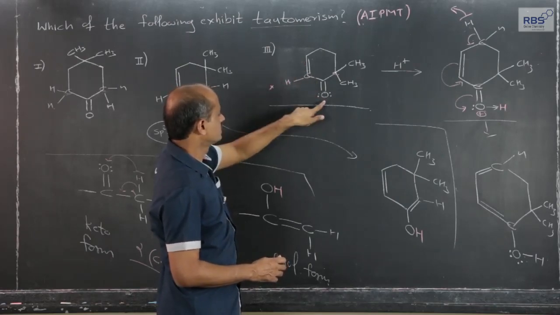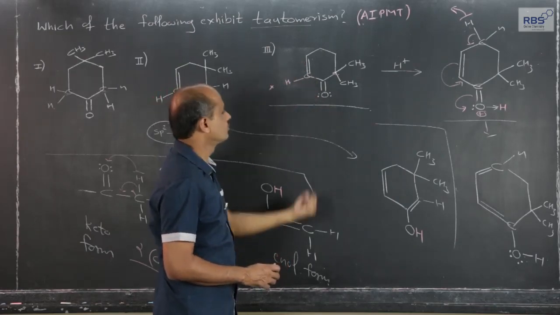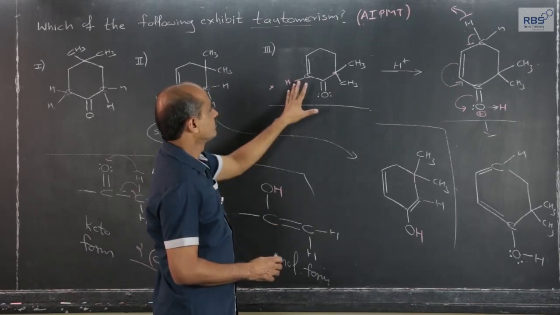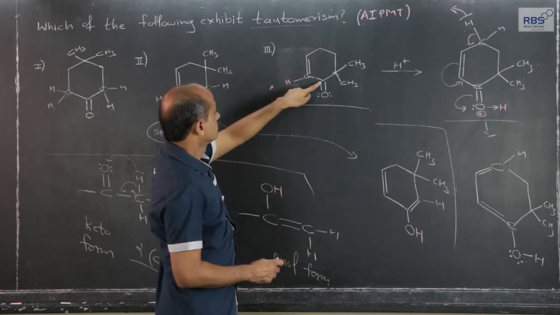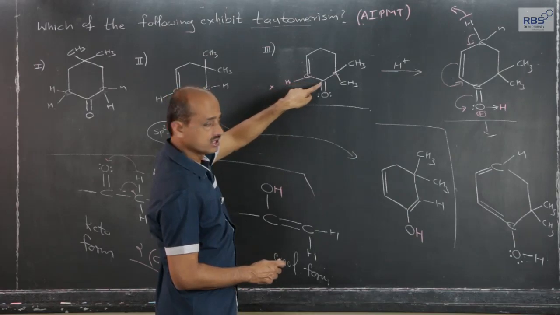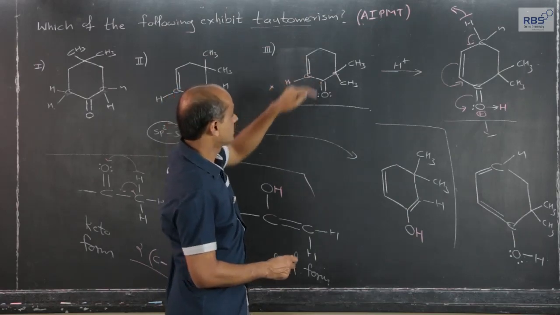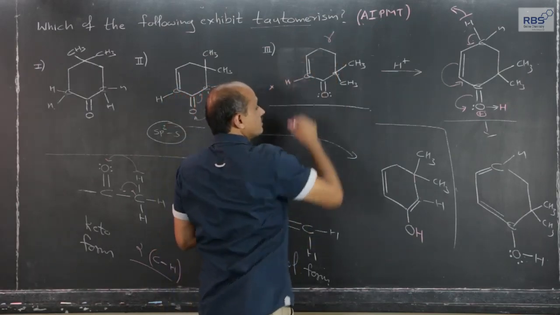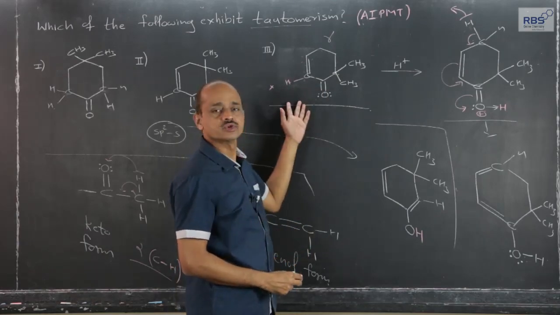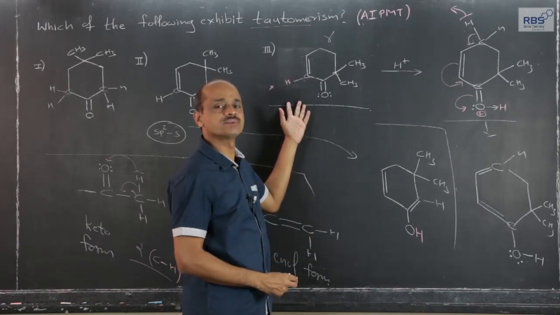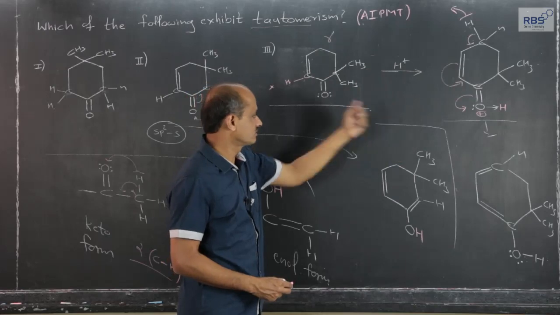In acidic condition this gets protonated, meaning this becomes still more electron withdrawing, and because of that, even a carbon which is not directly attached to the carbonyl carbon, this is alpha, this is beta, this is gamma, even the gamma carbon can take part in enol formation. So, this is a special case, or we can say an exception under these new conditions.